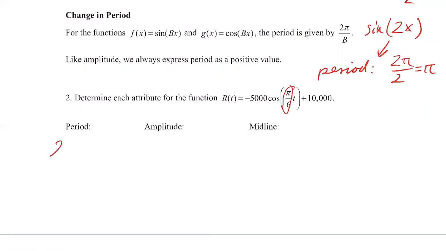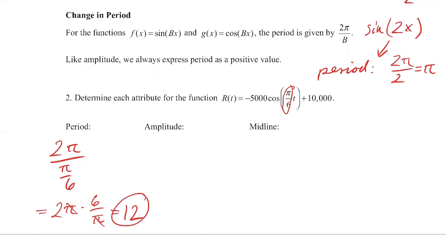So our period will be 2 pi divided by pi over 6. That is going to give me 2 pi times 6 over pi, which cancel. That's 12. I get one full cycle on this function in 12 units.